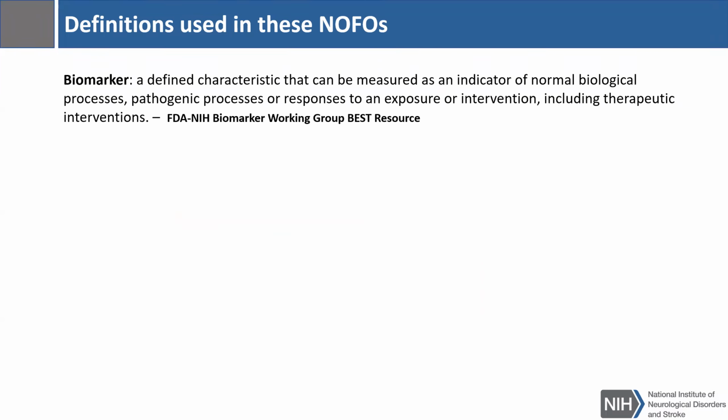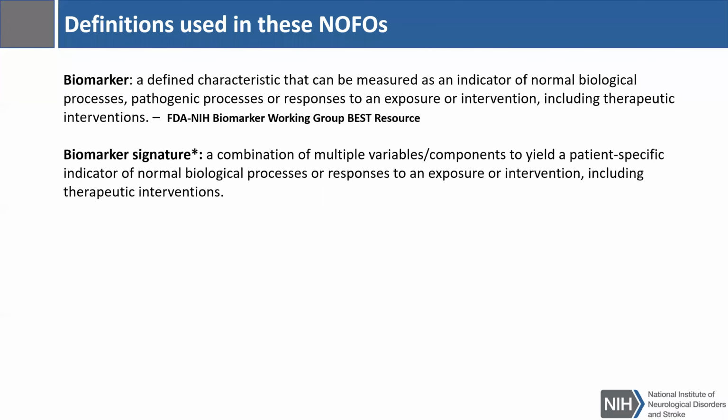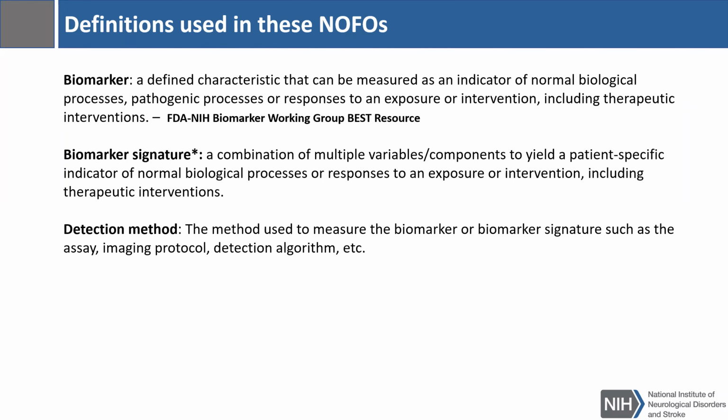So there's some terminology that we use in the NOFOs in addition to biomarker. We talk about biomarker signatures, where we're talking about a combination of multiple variables, multiple biomarkers, or composite biomarkers. Talk about detection method, which is basically any way that is being used to measure the biomarker, whether it's imaging or an algorithm or an assay, and so on.